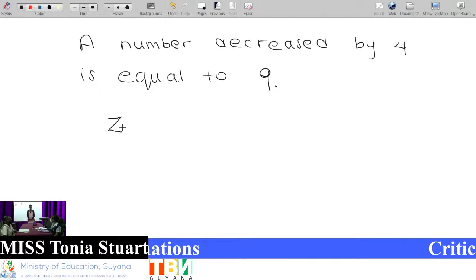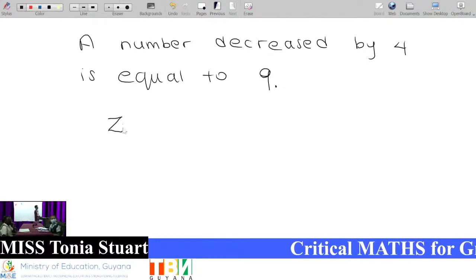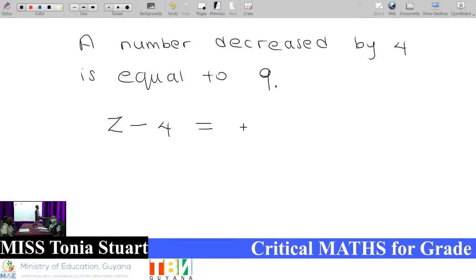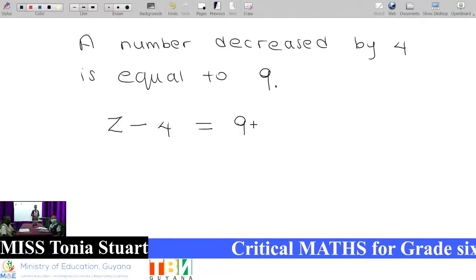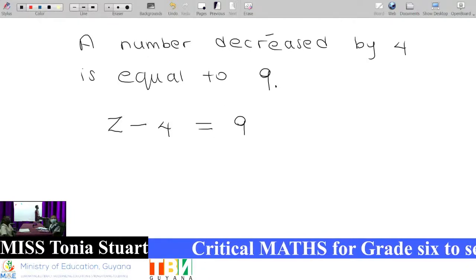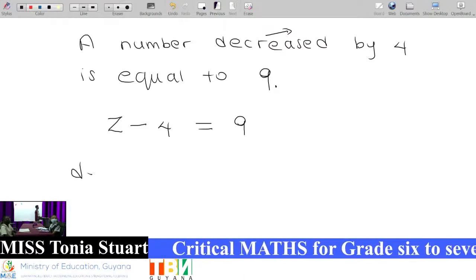Divided. So increase means adding. Adding. So decrease means subtracting, which is the opposite. So Z minus 4, and that is equal to 9. So look out for the various words.